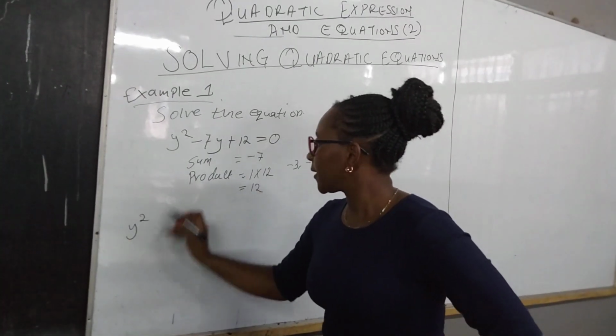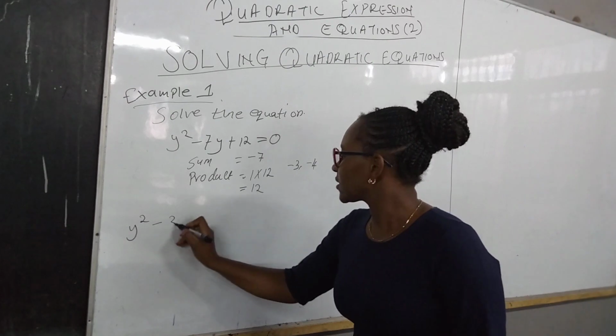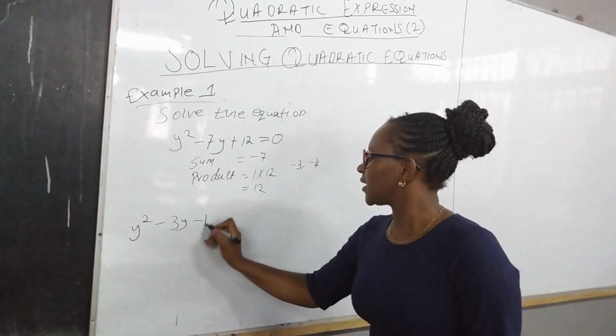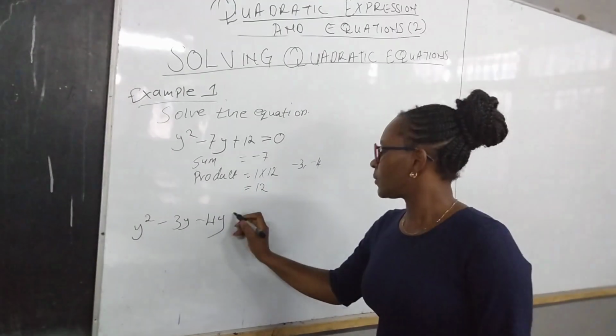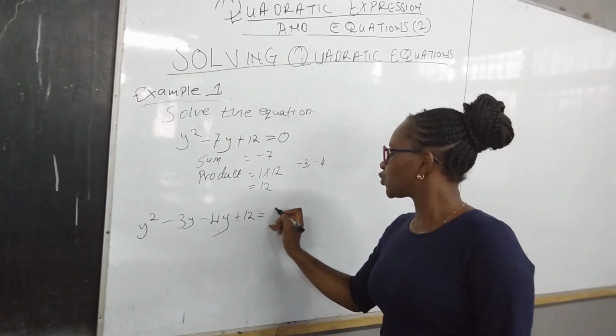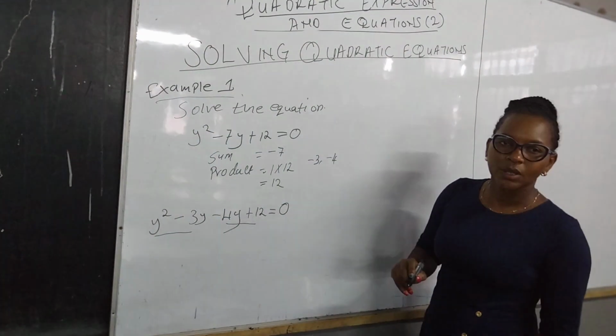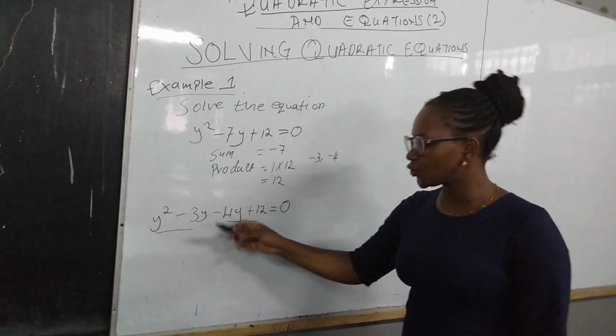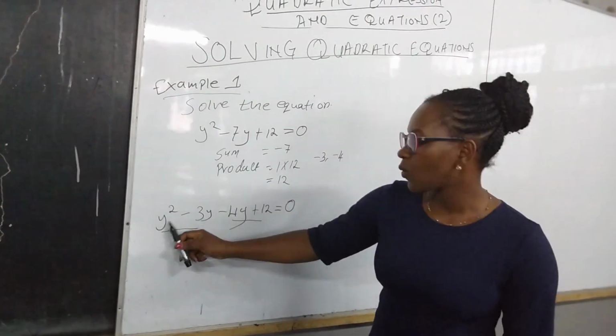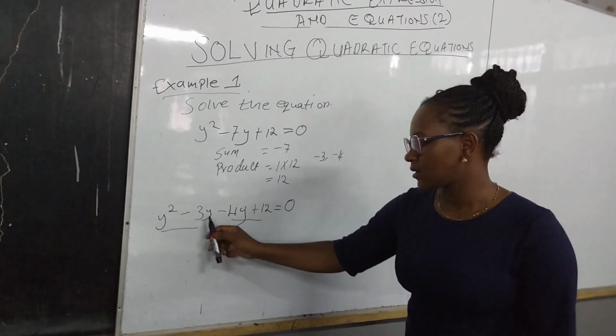So here we have y squared minus 3y minus 4y plus 12 is equal to 0. We pair it into two parts. Here we have y squared minus 3y.